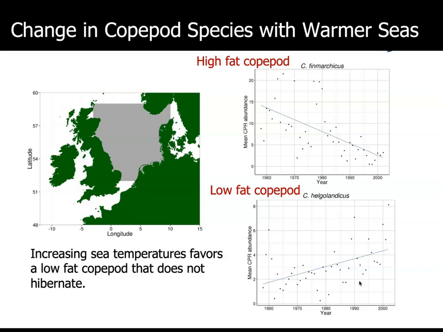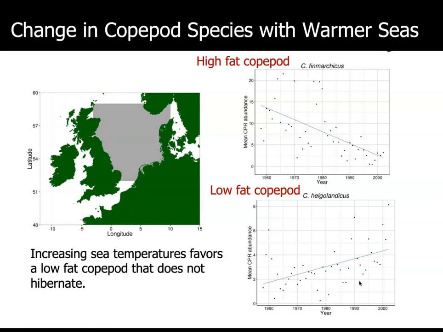Well, with climate change and increasing ocean temperatures in the Arctic, you're getting a change in species composition of your primary consumers. Historically, we had that high-fat copepod, but if you look at the graph from 1960 to 2000, the population density of our high-fat copepods has decreased dramatically, and they've been replaced by a low-fat copepod, which has increased dramatically between 1960 and the year 2000.